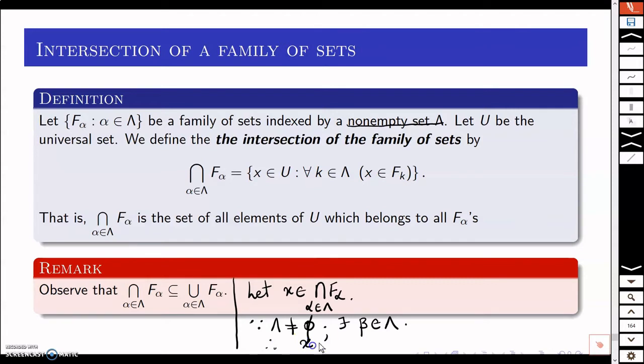Therefore, the point X is going to come in F beta also because it is coming in all the F alphas where alpha is in delta, and in particular beta is in delta, so X must be coming in F beta. So X is coming in at least one of the F alphas.